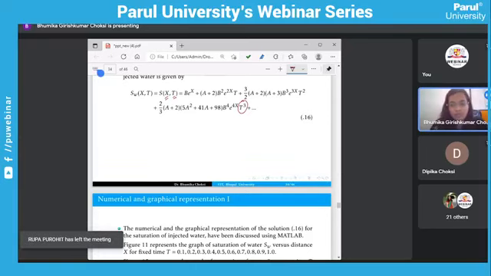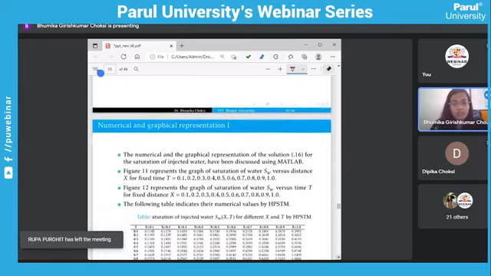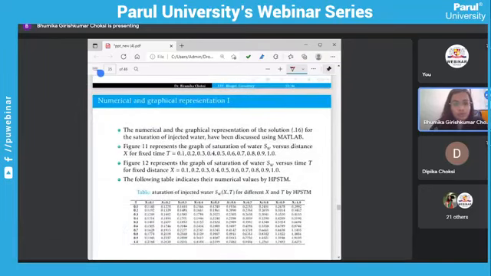For graphical and numerical representation, I have chosen x from 0.1 to 1 and t from 0.1 to 1. So I will get this saturation of injected water for different x and different t. And you can see that for a particular time, if the distance is increasing, the saturation of water is increasing.